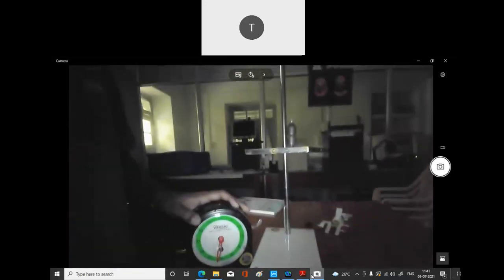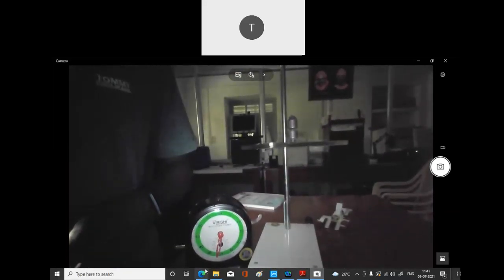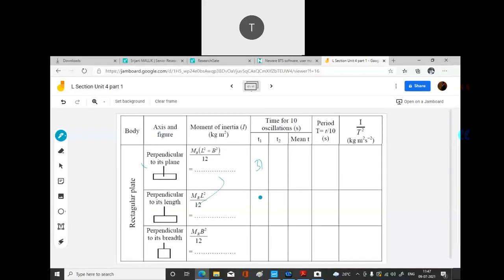Half, then 1, 1.5, 2, then 2.5, 3, and then again 3.5, and when it comes back, you have to stop at 4. Again you get almost 31 or 32 seconds, so you write it here. I will write 32 seconds.